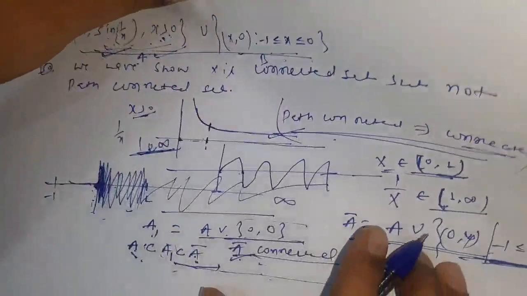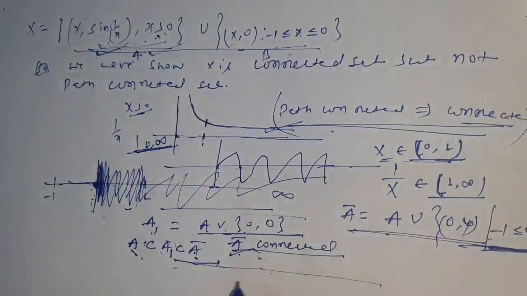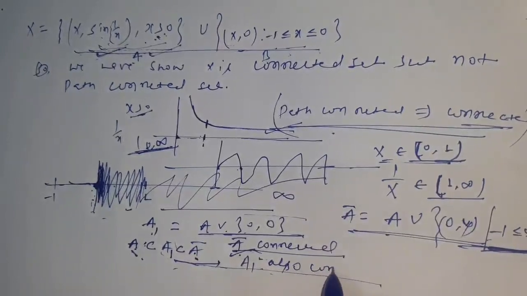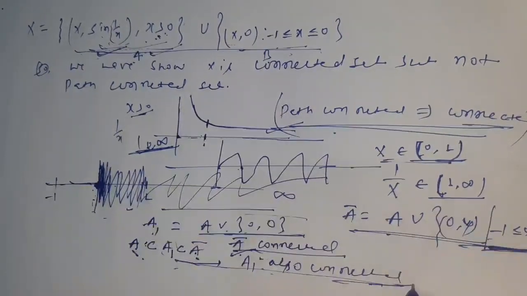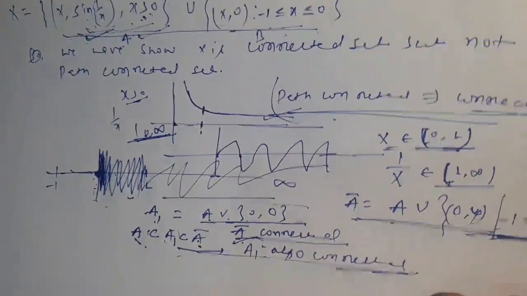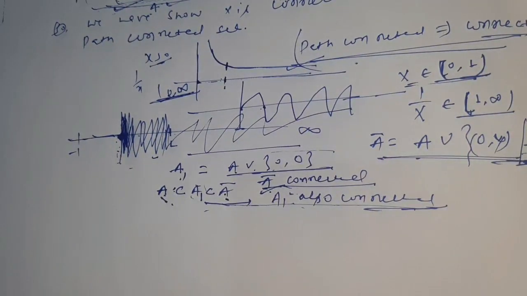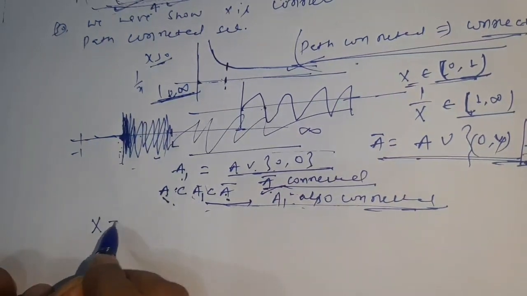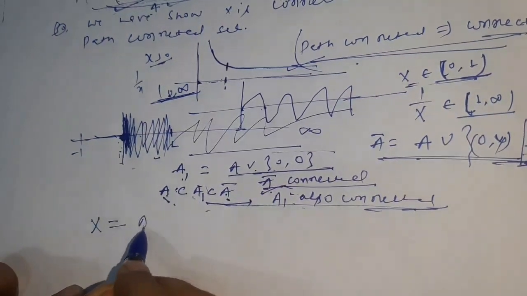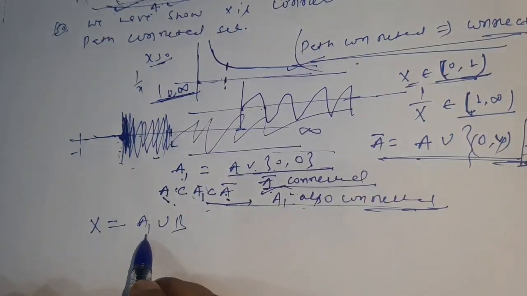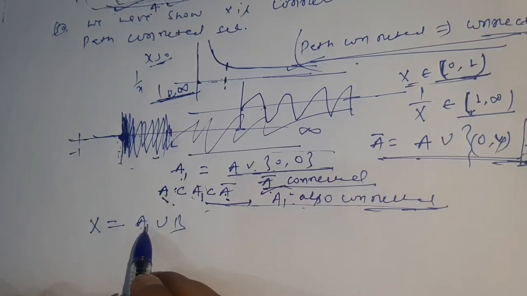What will I use here? A1 is also connected. Now our motive is to show X is connected. So we can write X as the union of A1 and B, because A1 is none other than A union (0, 0).